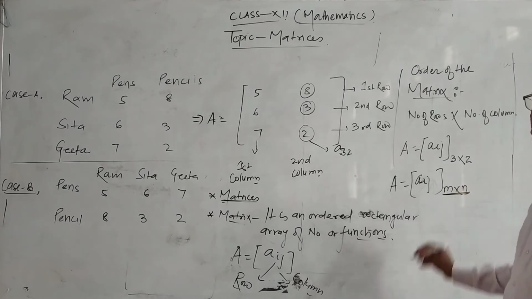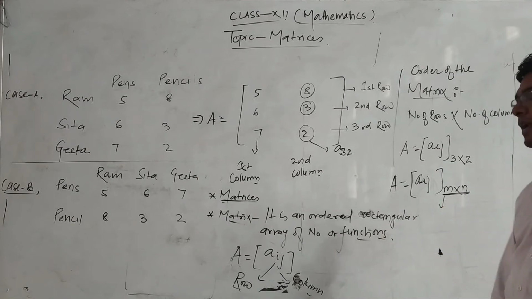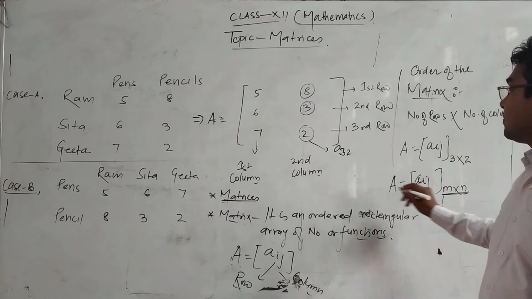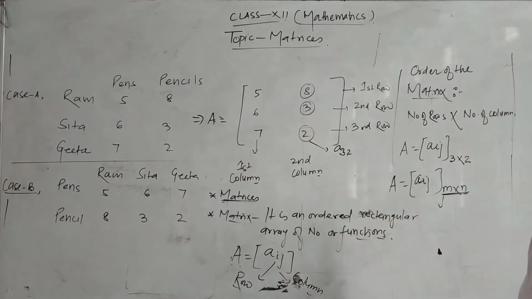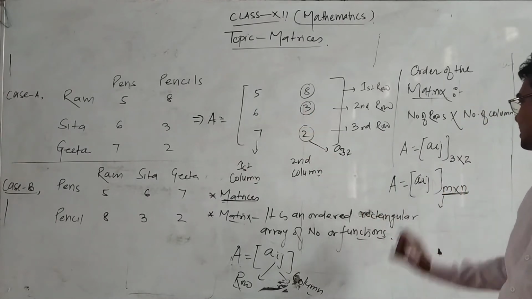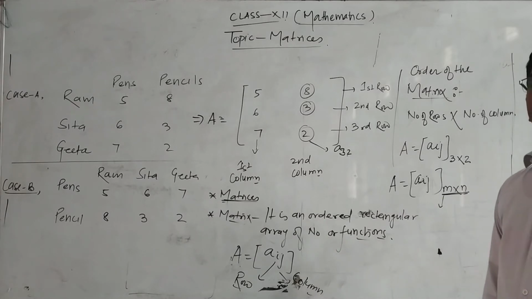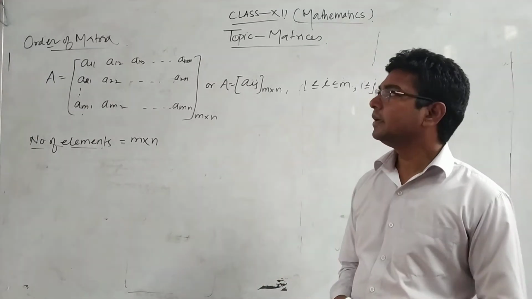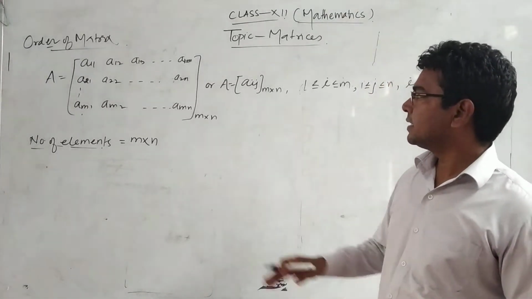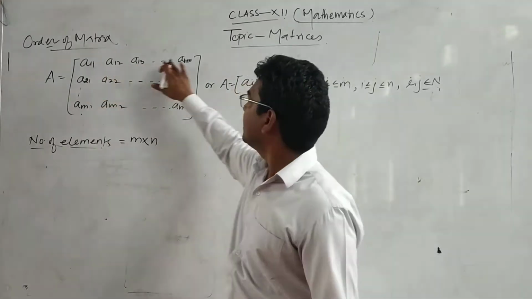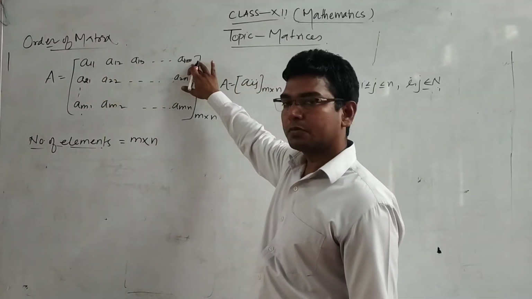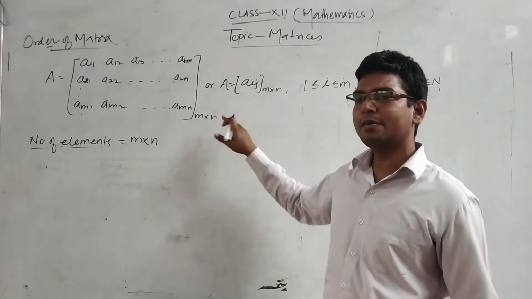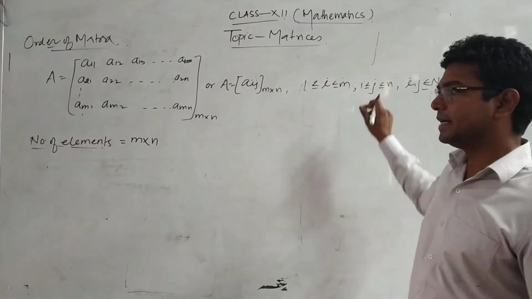This is the order m cross n, where m represents the number of rows and n represents the number of columns. So this is the general representation of a matrix. In general, if you write a matrix in a general way, having m rows and n columns, the order becomes m by n.